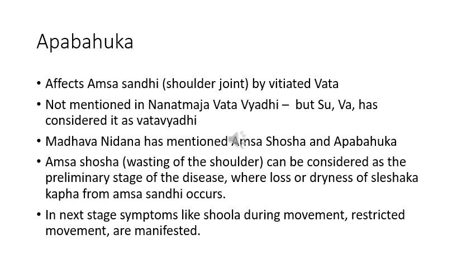The lubrication is lost, and following that there is a wasting of the shoulder joint. In the next stage, symptoms like Shula and Stambha, or restricted movement, are manifested. So Amsa-shosha is the preliminary stage, followed by Apabahuka.